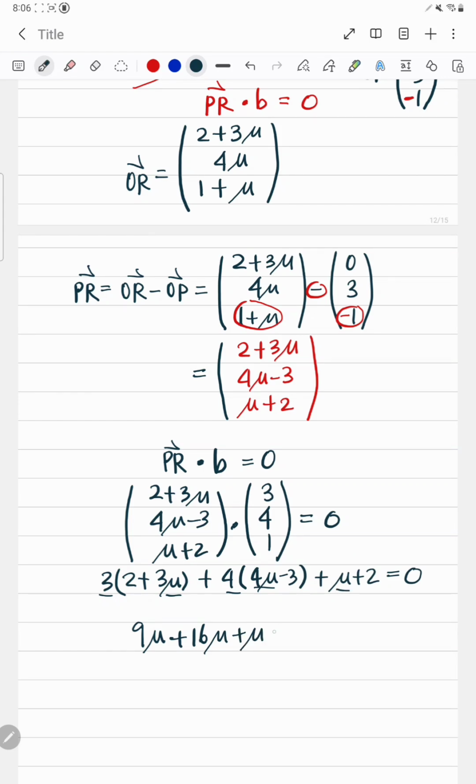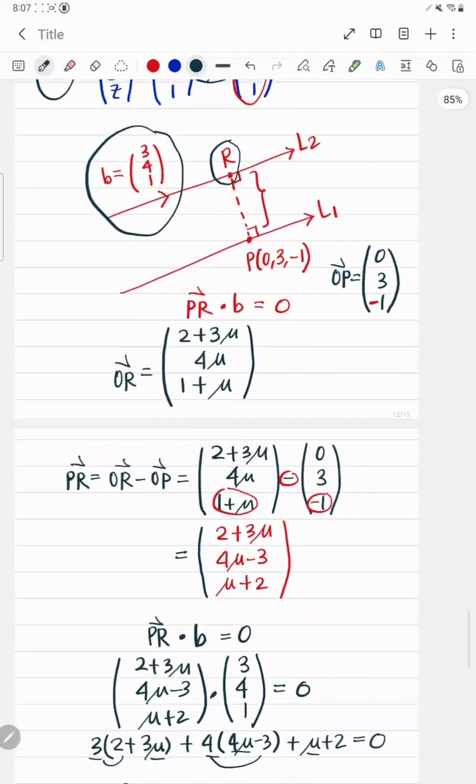And for numbers, we have 3 times 2, 4 times minus 3, plus 2, which gives 0. 26 mu is 4. So mu is 4 over 26, that's 2 over 13.